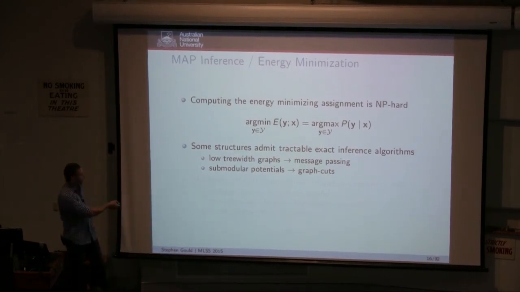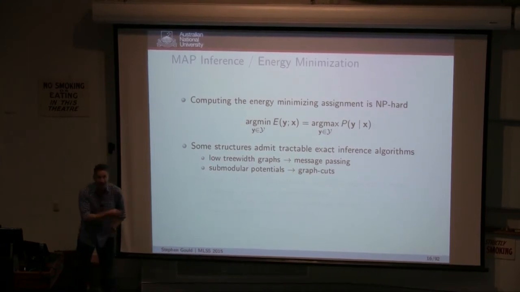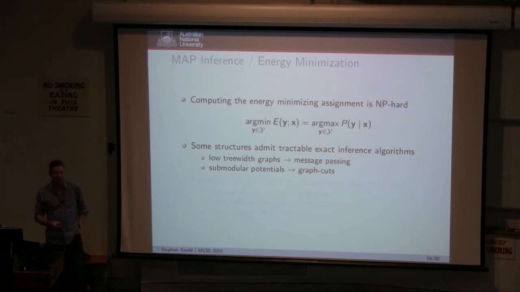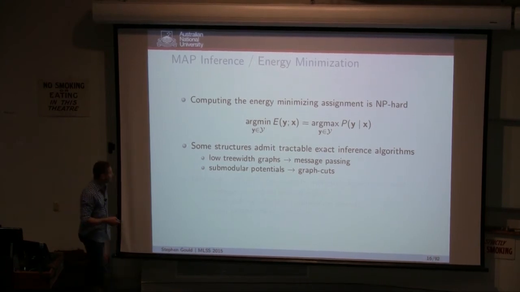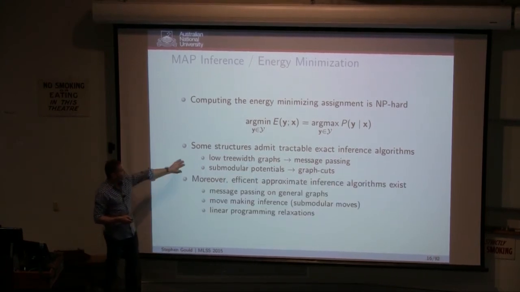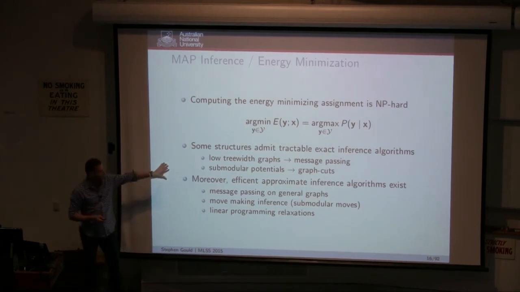Okay. So if you have an energy function with either of these two properties, then you can do exact inference very, very fast, right? And you saw me doing a variant of that when we did the demonstration with the photo montage. If your energy function doesn't have these properties, then not all is lost. We can resort to approximate inference algorithms.